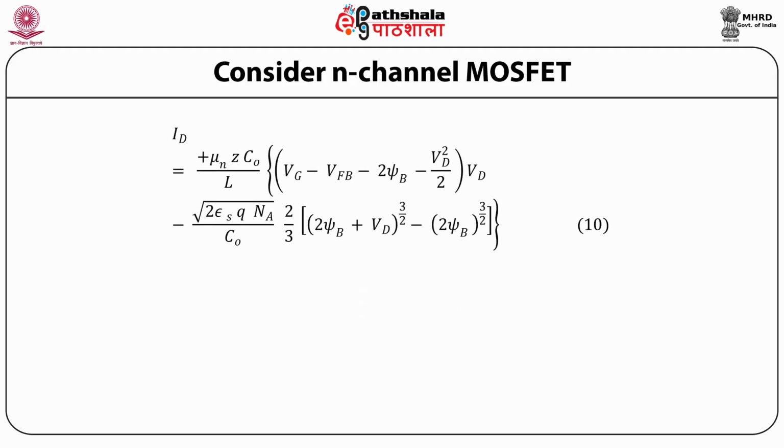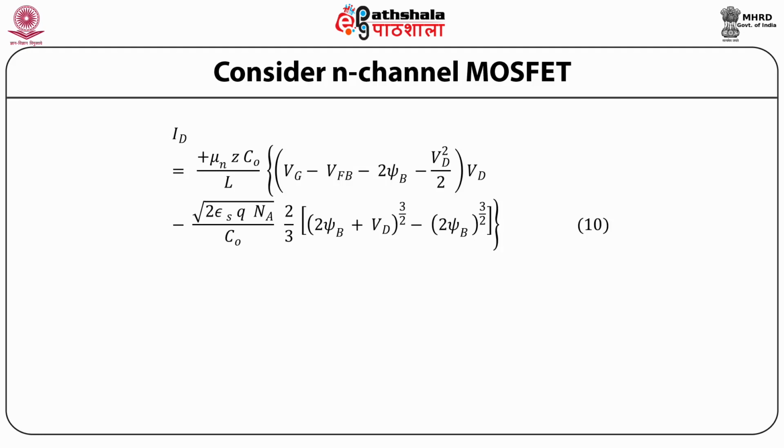This implies that Id will be equal to plus mu n Z C naught by L bracket Vg minus Vfb minus 2 psi b minus Vd square by 2.